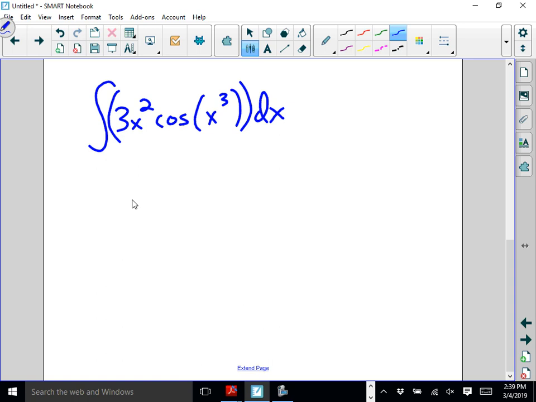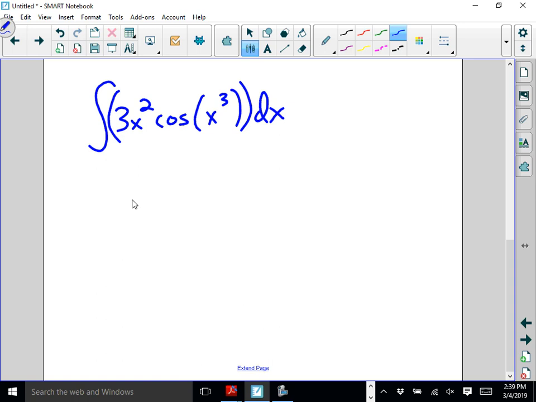When you're doing U substitution, anytime we're doing a difficult looking integral, I want to look for something and its derivative to show up. So I'm going to look for something that I'm going to call a u, and I want to look for its derivative, or something close to its derivative, at least the right power, to come up.